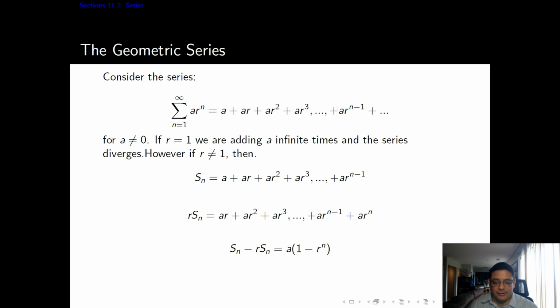And so S_n minus rS_n is equal to a times (1 minus r^n). Now we can factor S_n here, and then the n-th partial sum for the geometric series is just going to be a times (1 minus r^n) over (1 minus r). Because we now have an expression for the n-th partial sum, we can attempt to take the limit.